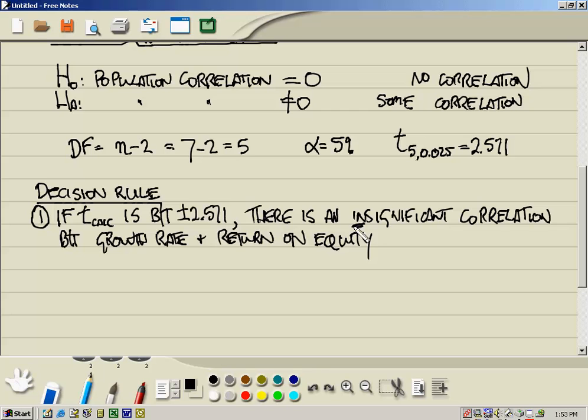Right, insignificant means too close to 0. There could be no relationship, but given the data that we have at hand, we can't tell.